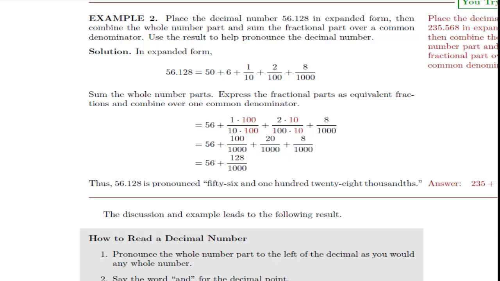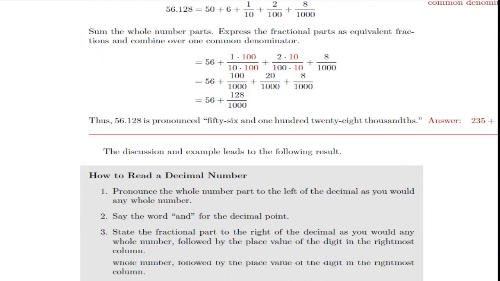The common denominator is going to be 1,000, so we'll multiply 1 over 10 by 100 over 100 to get 100 over 1,000, and 2 over 100 by 10 over 10 to get 20 over 1,000. Then adding the numerators, 100 plus 20 plus 8 is 128. So we're left with 56 plus 128 over 1,000. Thus the decimal number is pronounced 56 and 128 thousandths.